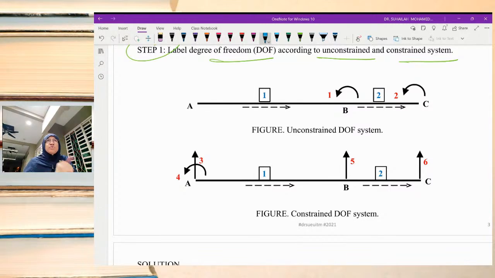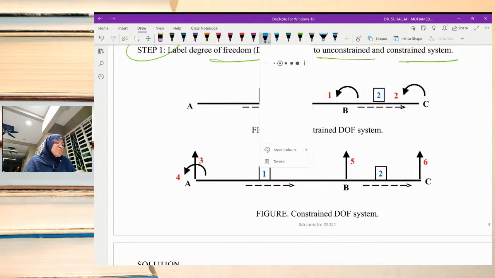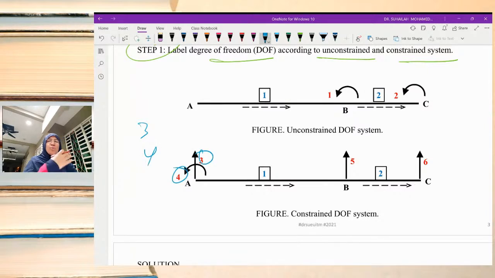The arrow always moves towards the right direction, so near will be A, far will be B. So we have the label 3, 4, 5, 1, with YZ near to far. Same goes for BC or element 2.